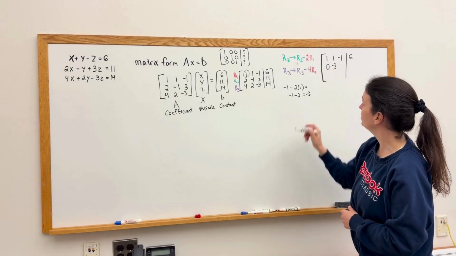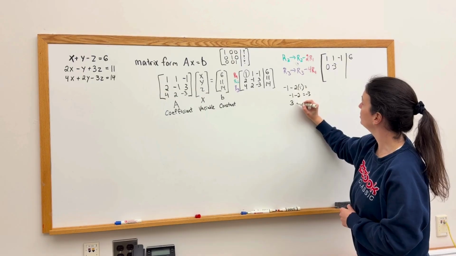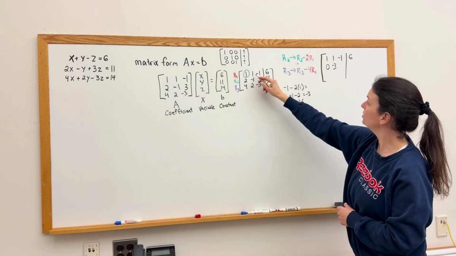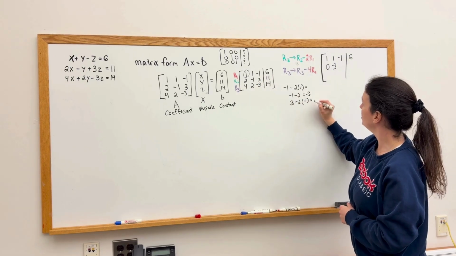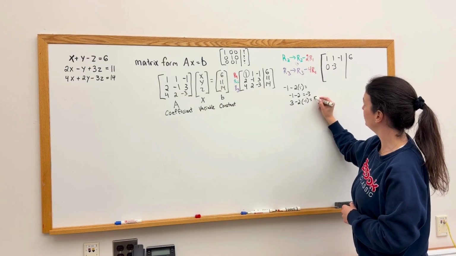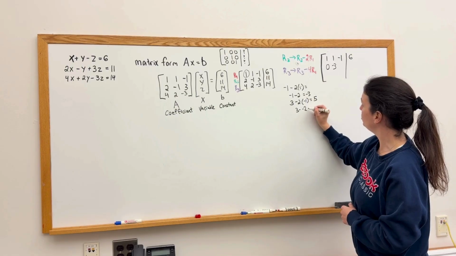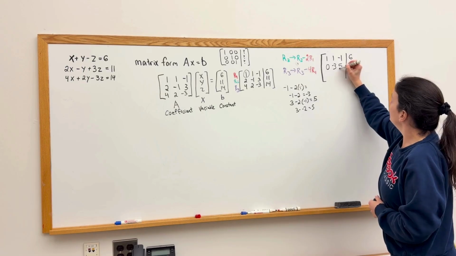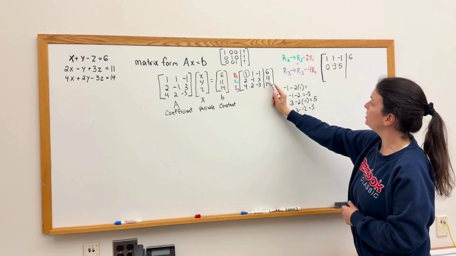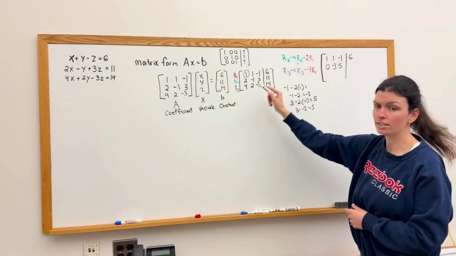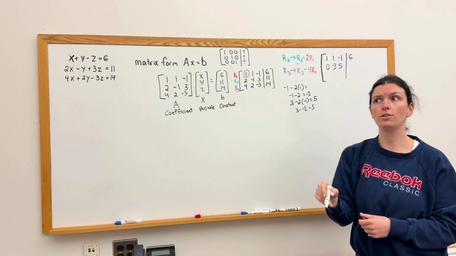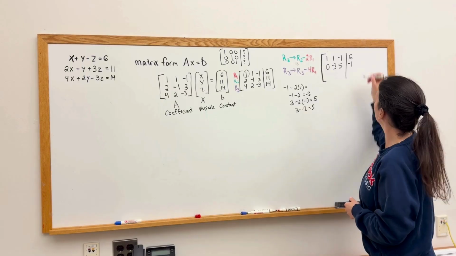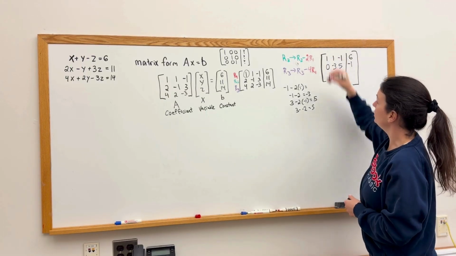And then 3 minus 2 times negative 1 is equal to 5, because it's 3 minus negative 2, so 5 becomes positive. Lastly, 11 minus 2 times 6 is 11 minus 12, which is negative 1. Alright, so we have that all done.